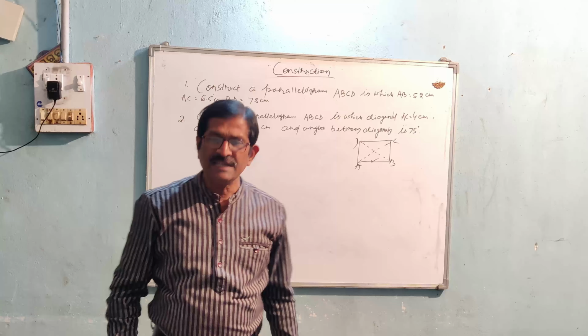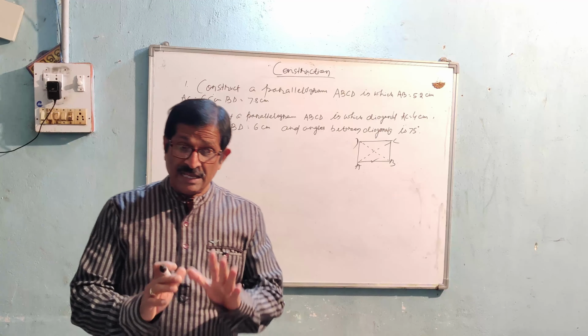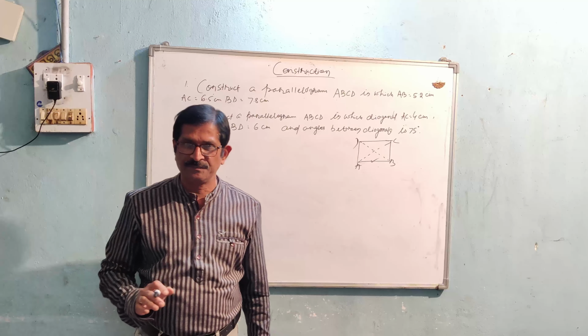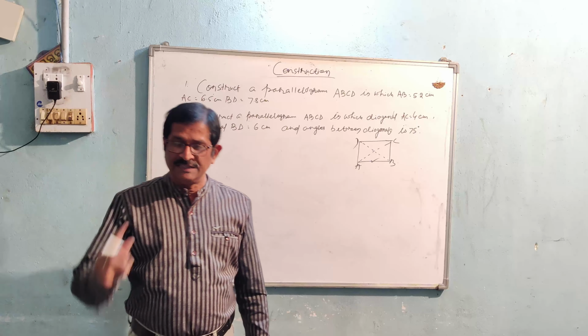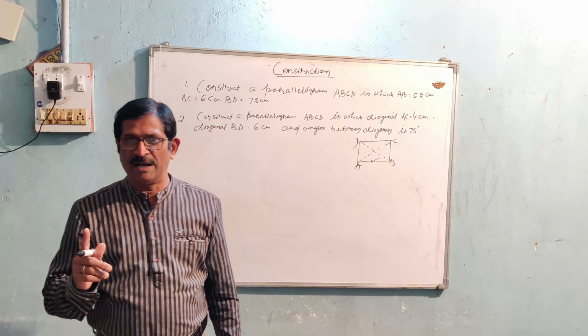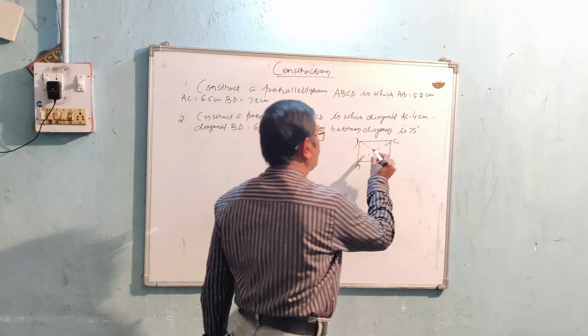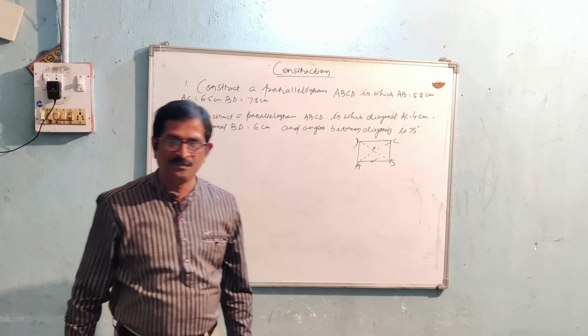That means one side and 2 diagonals have been given to you. Then you think about the properties of the parallelogram that we have already discussed. One property is that the diagonals of a parallelogram bisect each other, meaning at this point both the diagonals bisect each other.